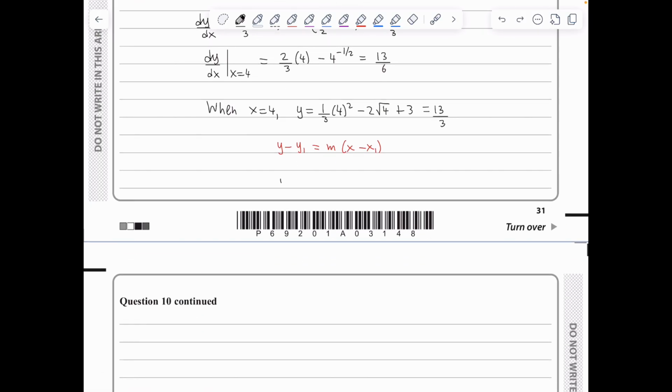So we've got y minus 13 over 3 is equal to 13 over 6 times x minus 4. I will cross multiply with 6, taking me to 6y minus 26 is equal to 13x minus 52. I will be collecting everything on the right hand side. So we've got 0 is 13x minus 6y minus 26 as required.